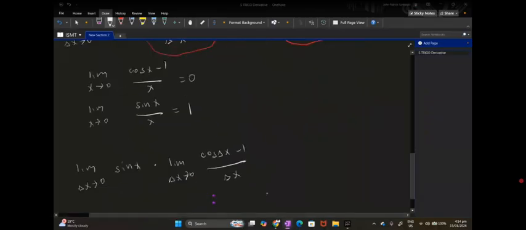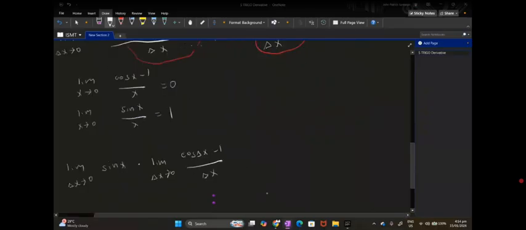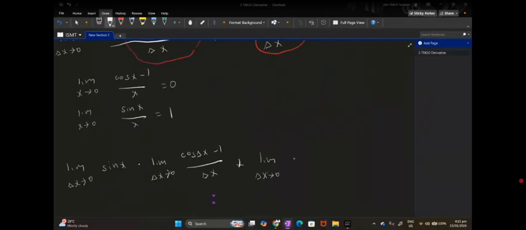Then, plus the limit delta x of cosine x multiplied by the limit of sine of delta x.